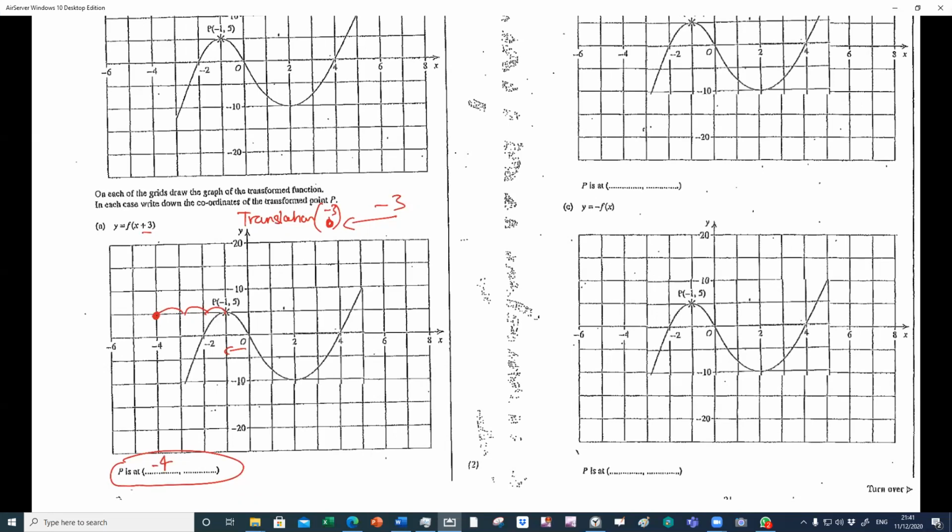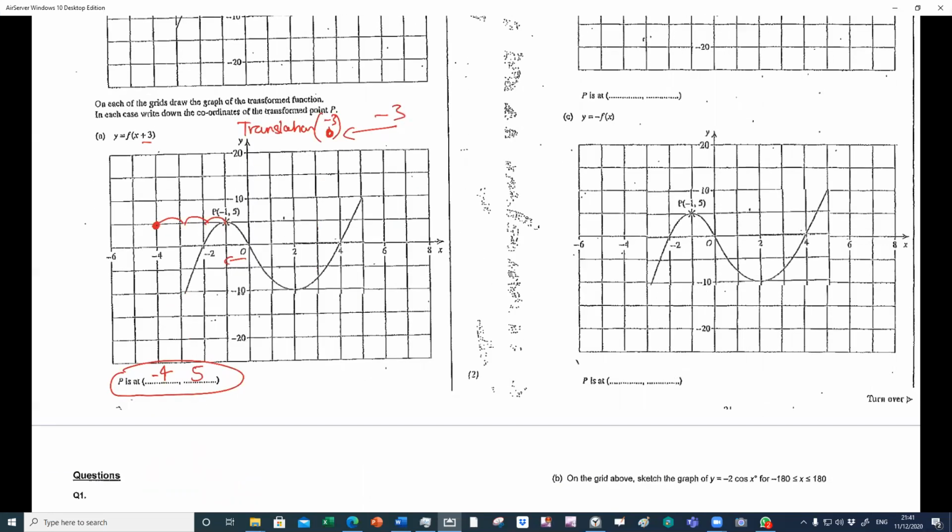And the height will still be the same, 5. If you want to do it in the vector style, we could do that as well. Minus 1, 5, and then minus 3, 0. That's the translation, and that will give you (minus 4, 5). Same answer.